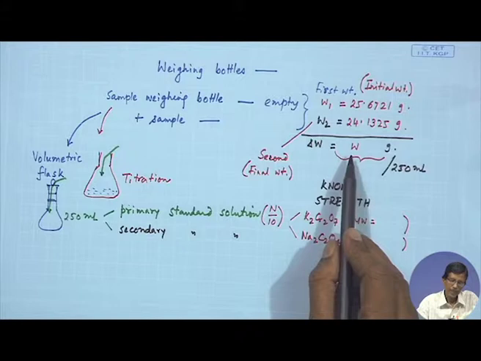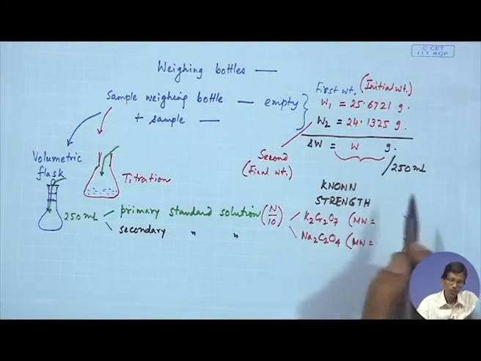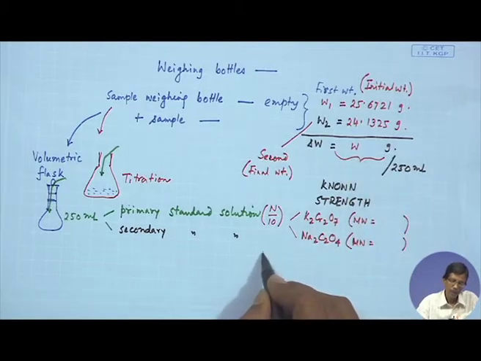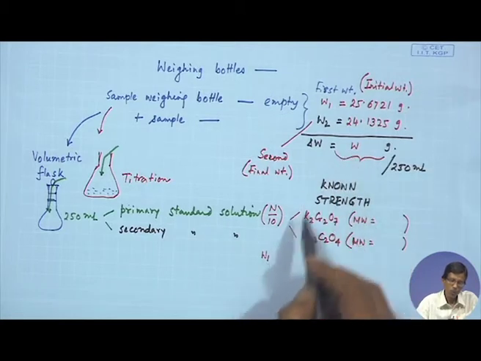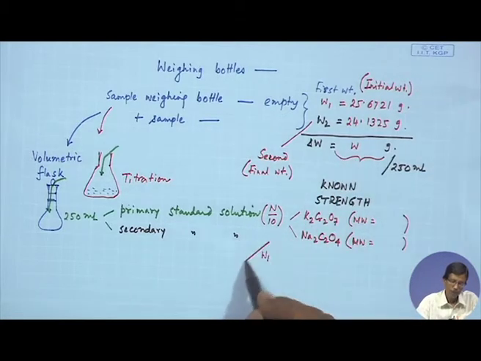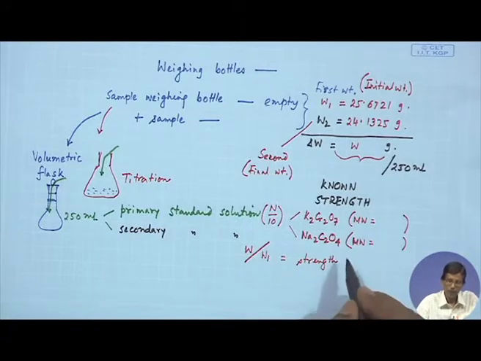So, when we get this, suppose this particular disodium salt or oxalic acid dihydrate, you know this W and the amount required, which should be very close to this W1. So, weight taken W by W1 will be the strength of the solution we are going to make.